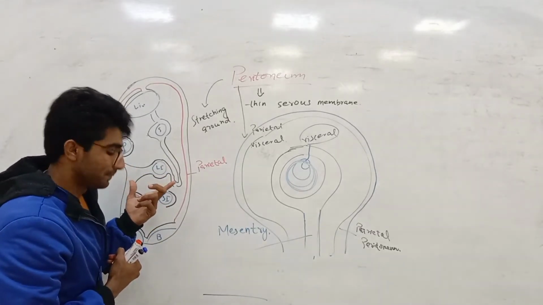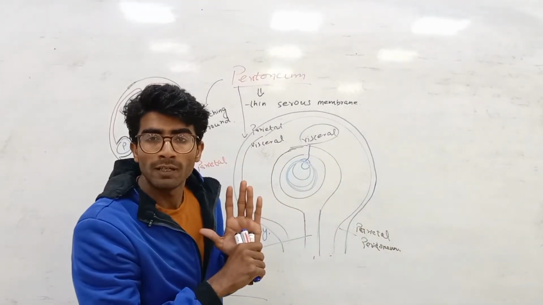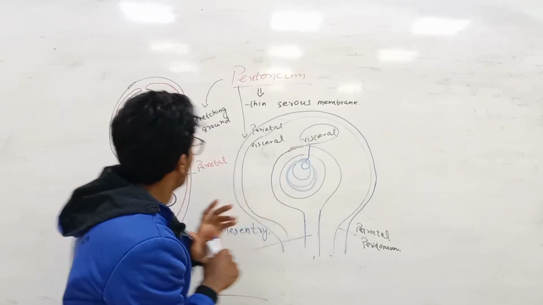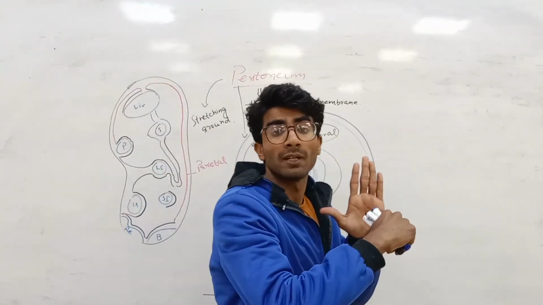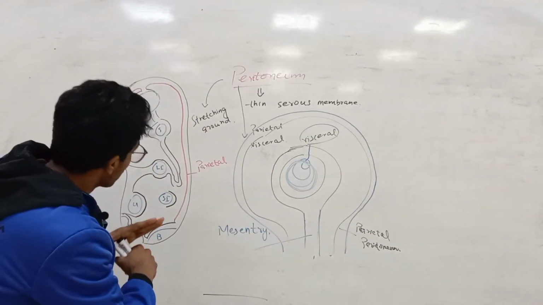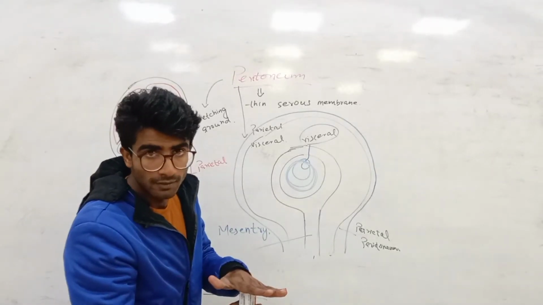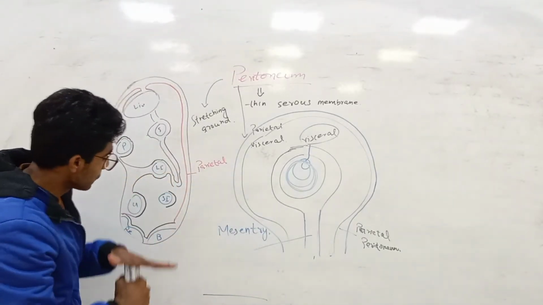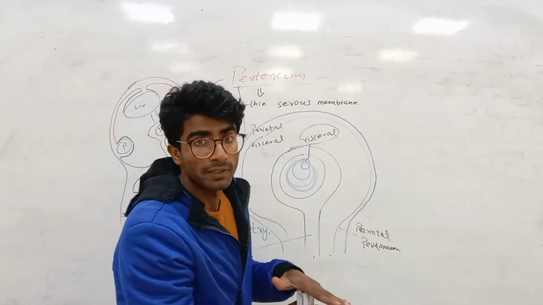The lesser omentum is connected with the stomach and is also present behind the stomach, and the greater omentum goes down towards the pelvis, goes down towards the bladder. This is called the greater omentum.